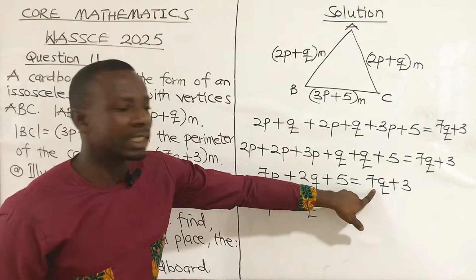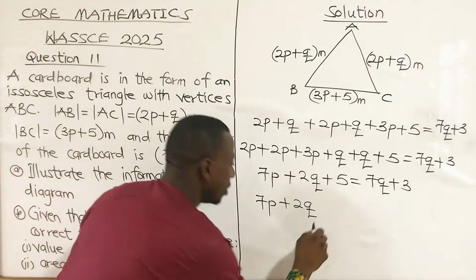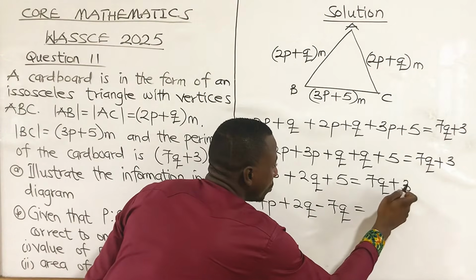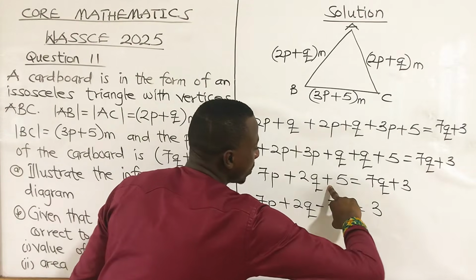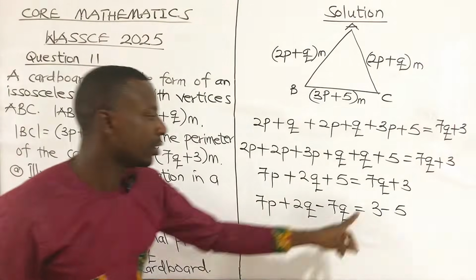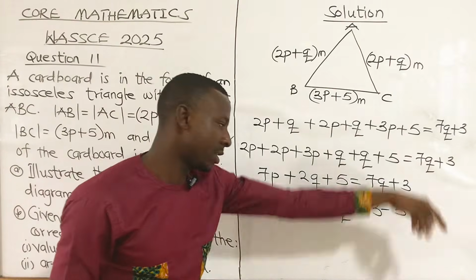When the 7q comes to the other side, we get minus 7q, which is equal to 3, and then I bring the positive 5 here, giving me negative 5. So I brought 7q here and took 5 there.